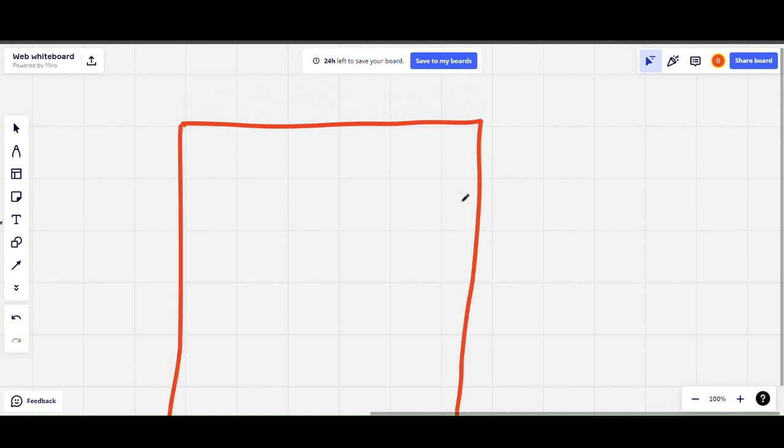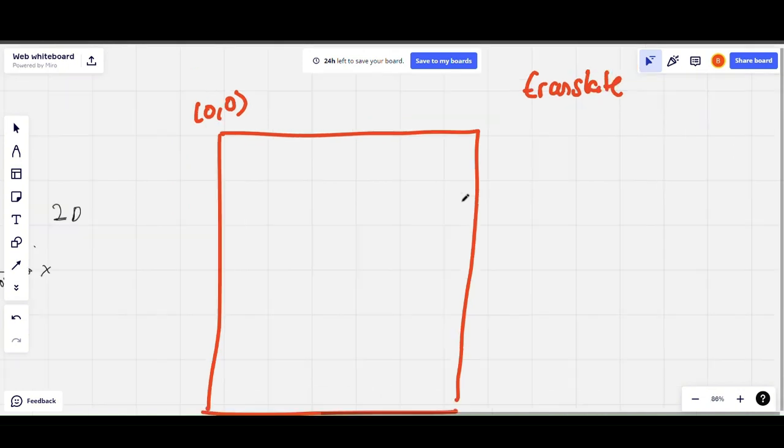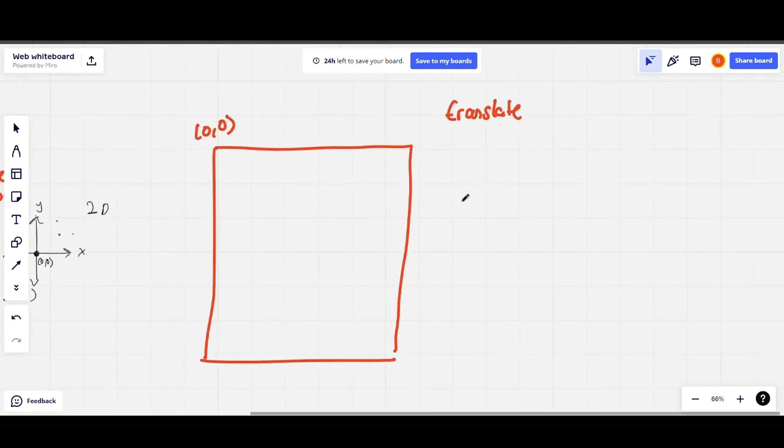When I have this 0 by 0, what I can do is use this function called translate. And that is going to translate, move the coordinate system into a different place.